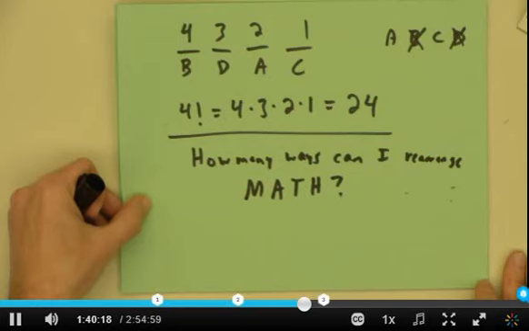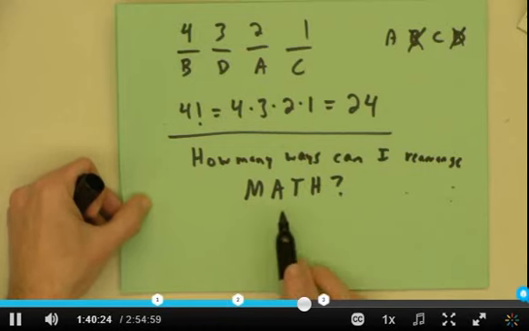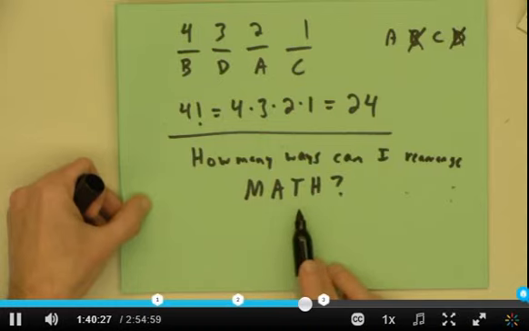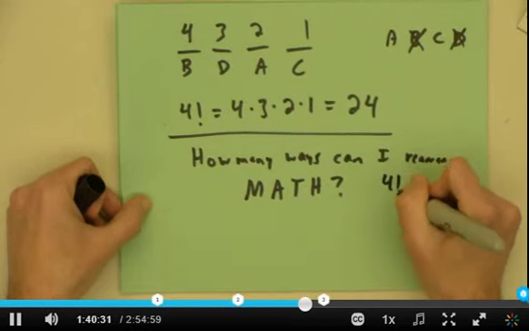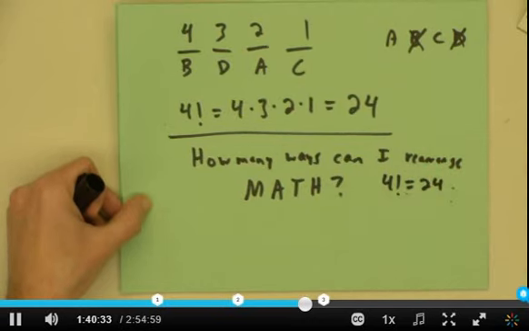About the same. 4 times 3 times 2 times 1. I have 4 letters to choose from. I can rearrange them by picking one letter first. Then there's 3 more to choose. And then there's 2 more to choose. And then there's 1 that's determined at that point. And so the answer is, again, 4 factorial, which is 24.